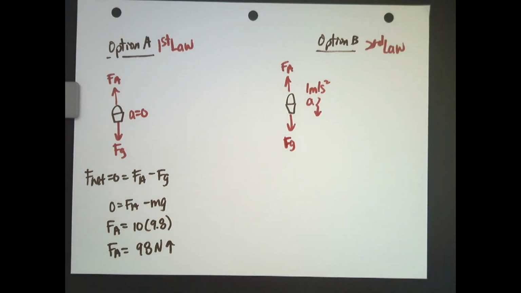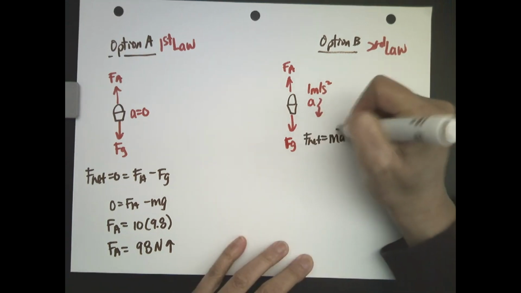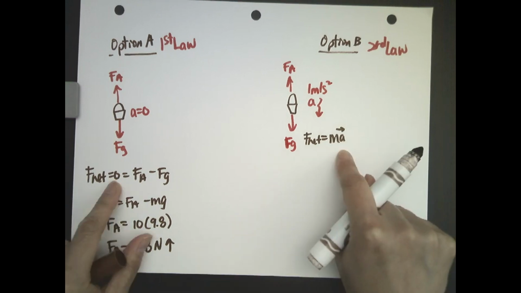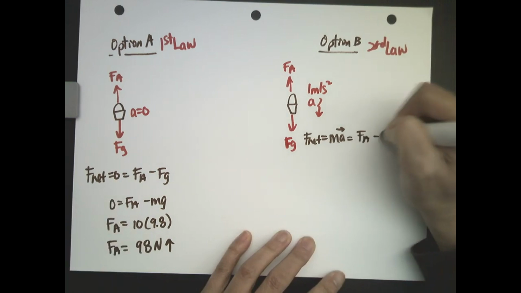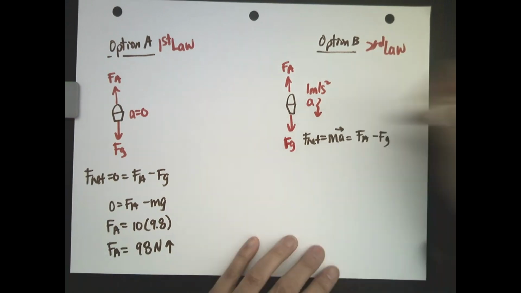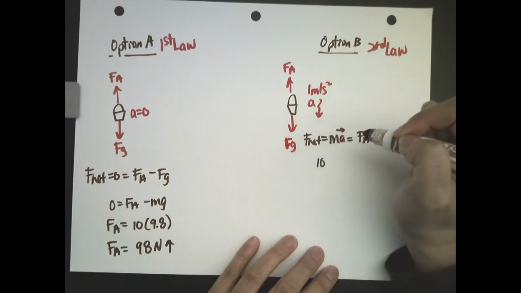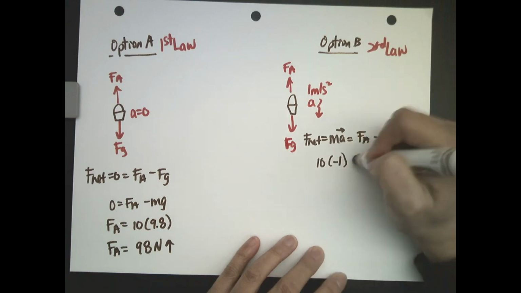All right, so what would that look like? Fnet is equal to ma. Remember, it's the second law, so it's not equal to 0. And then you have Fa minus Fg. All right, so let's plug things in. This is 10. Don't forget it's minus 1 for the acceleration.